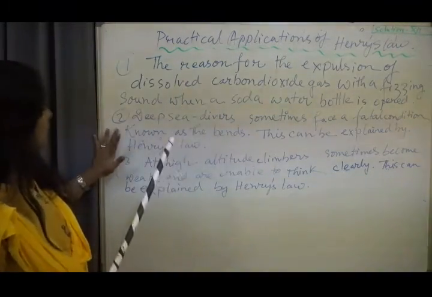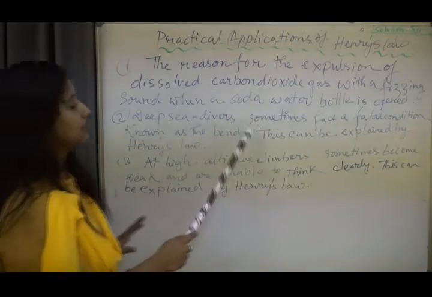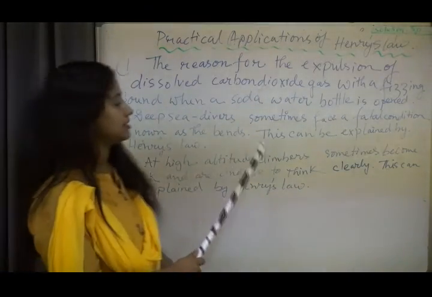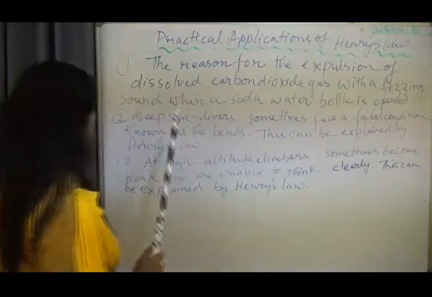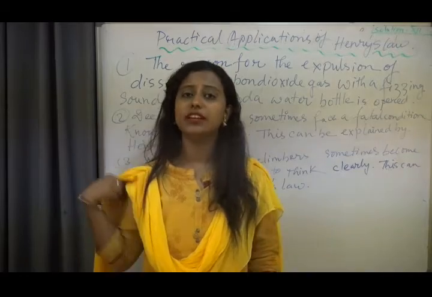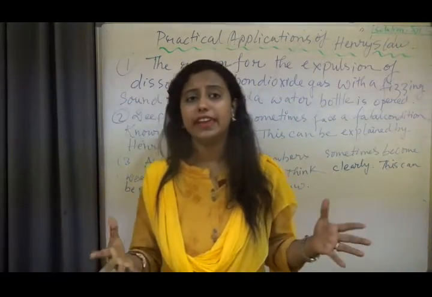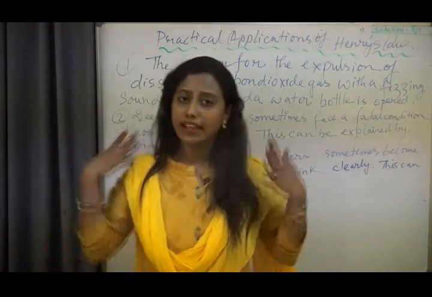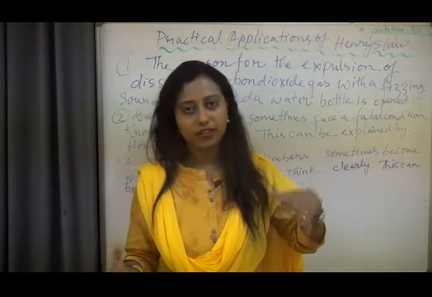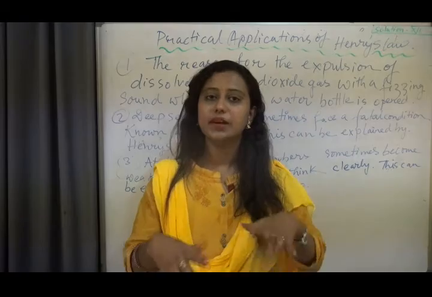Then number 2: deep sea divers sometimes face a fatal condition known as the bends. This can be explained by Henry's law. What happens to the deep sea divers? They carry oxygen cylinders on their back when they are scuba diving under the water.